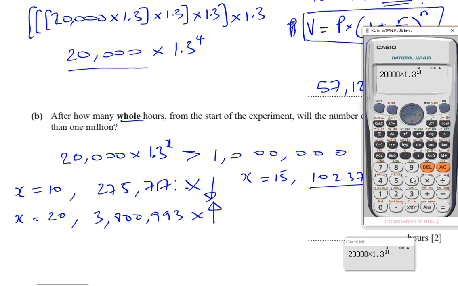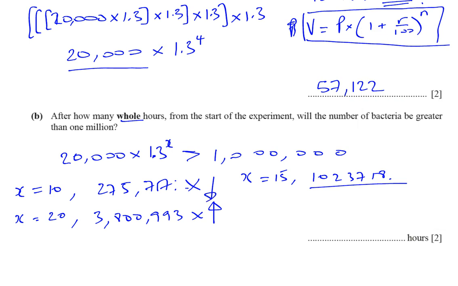That's below, that's 787,000 something. So we can see here that when x equals 14, after 14 whole hours, it hasn't quite reached 1 million.